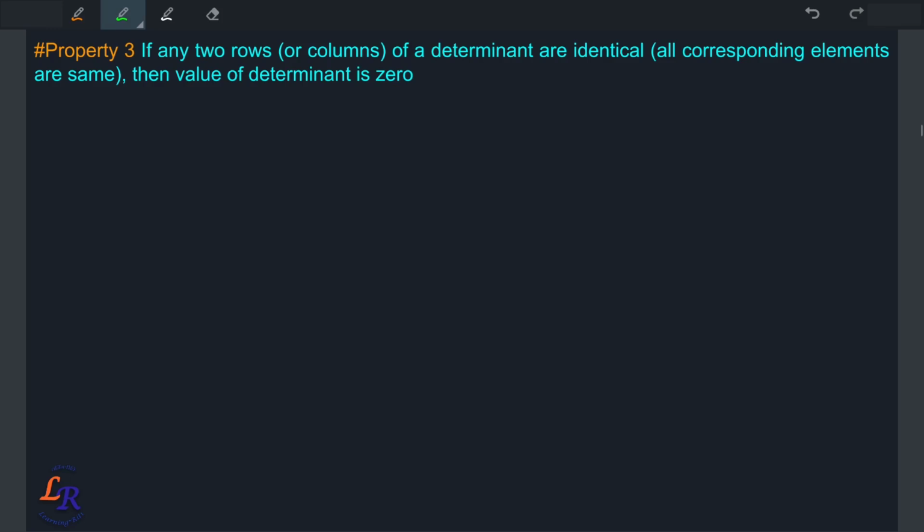For example, let's say this is your determinant A. Let me represent it like this only, it is simpler for me: A11 A12 A13, A21 A22 A23, A31 A32 A33, right?